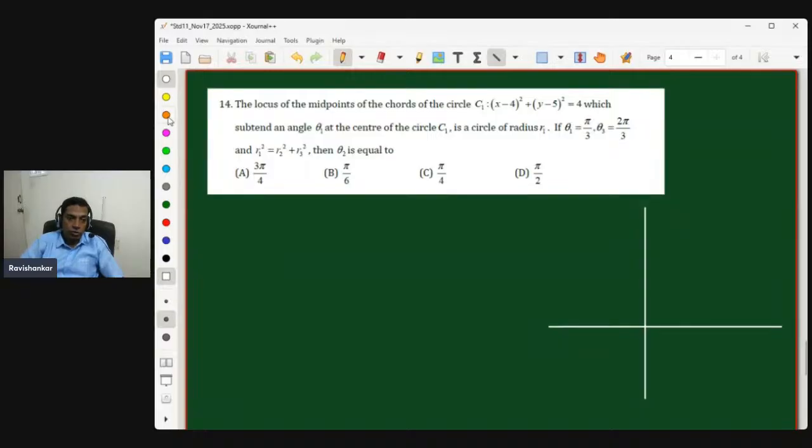So you have a circle whose center is (4, 5) and radius is 2. So the circle is like this.